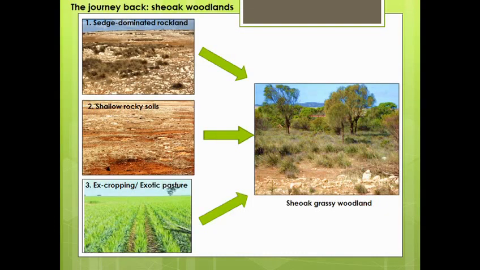So what else do we have to think about other than just a cool spatial model? Well, it turns out that not all of those connectivity areas are equal in terms of the current state of them. Some of those areas are cropland.